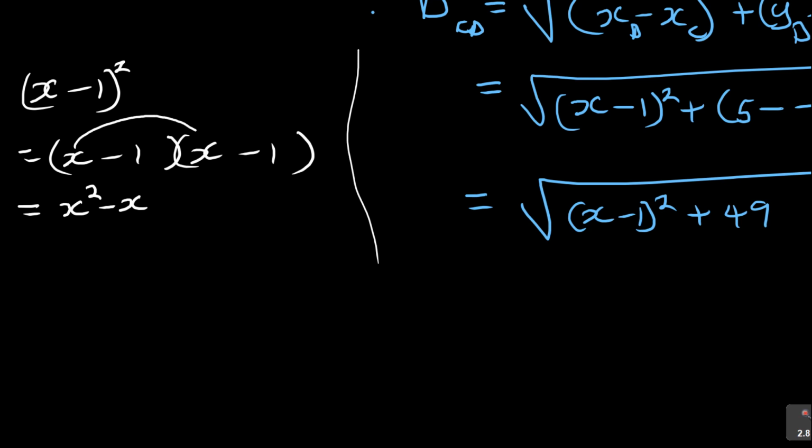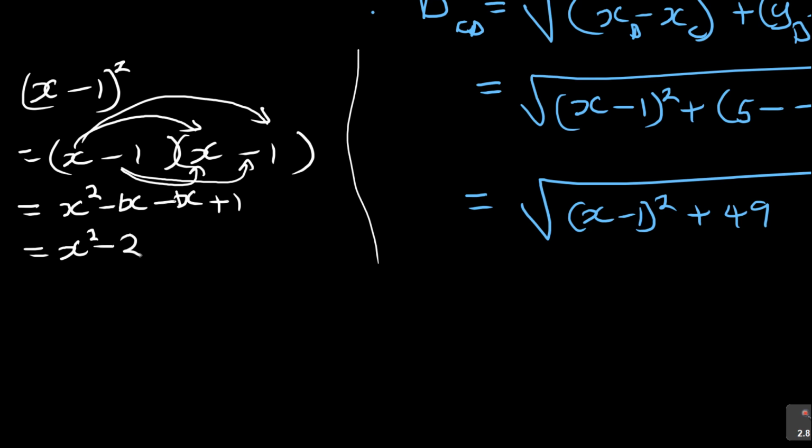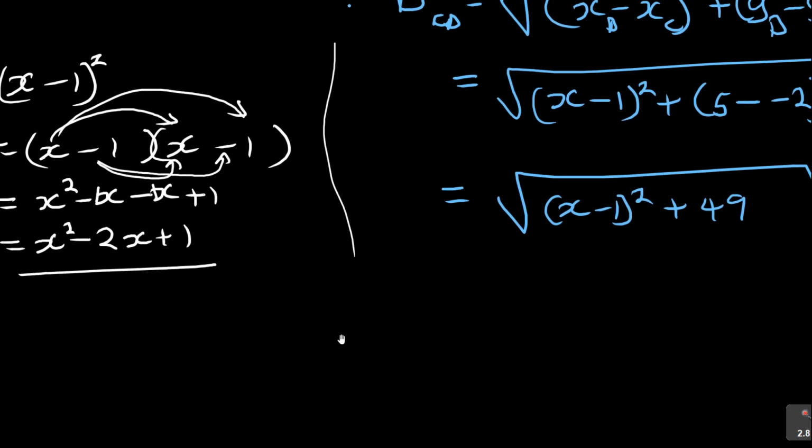Then minus 1 times x again is minus 1x, or minus x. And then minus 1 times minus 1 is plus 1. When you simplify, it will be equal to x squared. Remember, there is a minus 1x and a minus 1x, so minus 2x, plus 1. Guys, you need to know how to perform that.